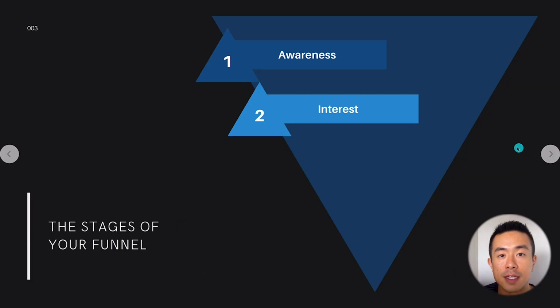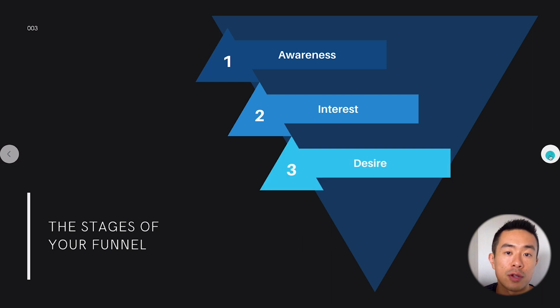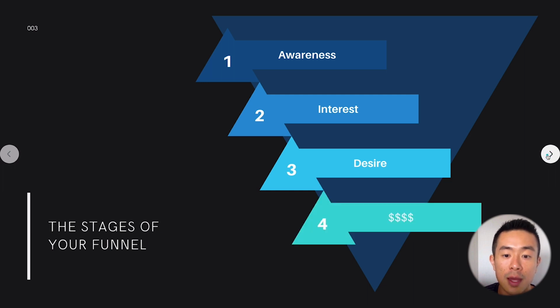So moving on, the second stage of the funnel is interest. Now that they're aware of your product, they might be interested in your product, and that interest can soon turn into the third step, which is desire. And desire ultimately leads to them pulling out their wallet and them completing the purchase within your funnel.